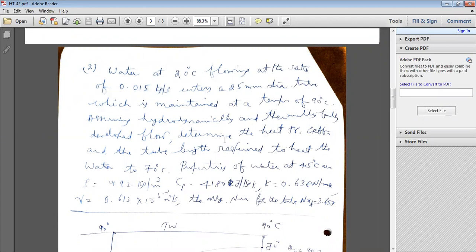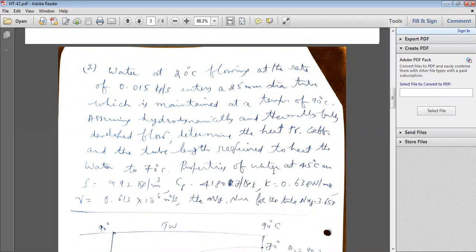Assuming hydrodynamically and thermally fully developed flow, determine the heat transfer coefficient and the tube length required to heat the water to 70 degrees centigrade.